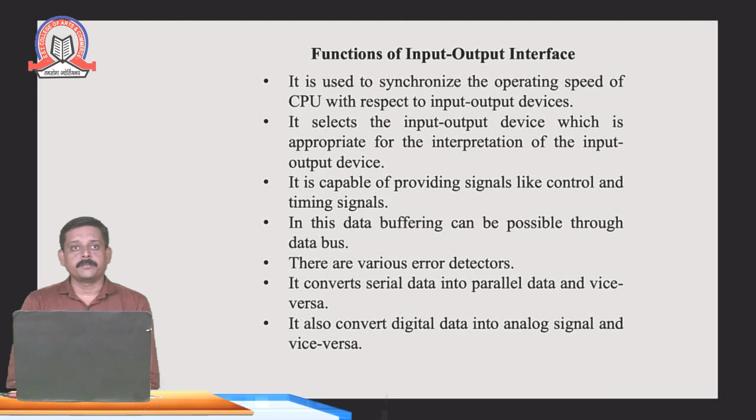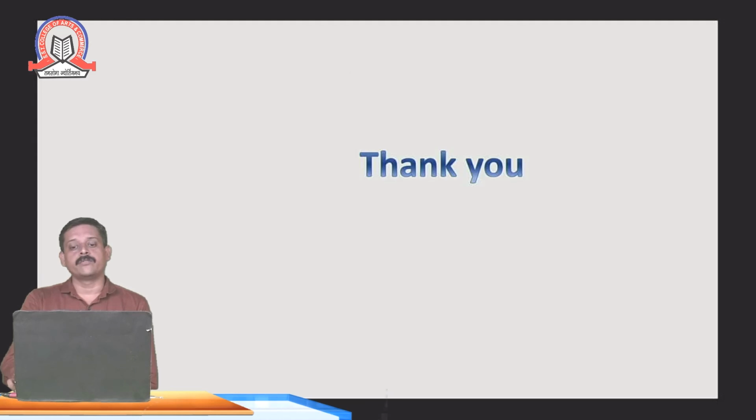Data buffering is possible through the data bus. There are various error detectors available. It also converts serial data into parallel data and vice versa. It also converts digital data into analog signals and vice versa.